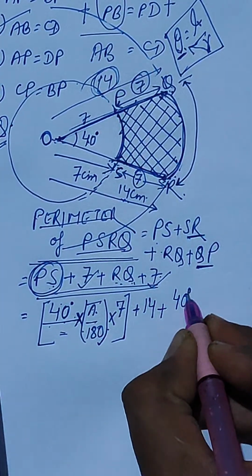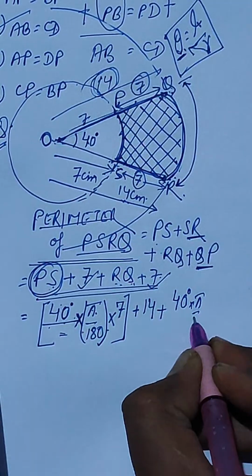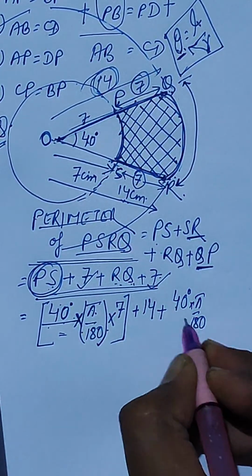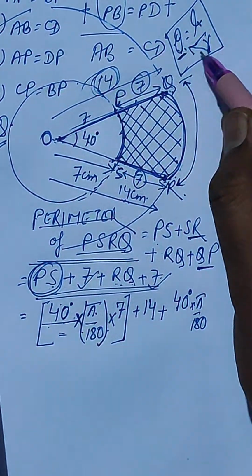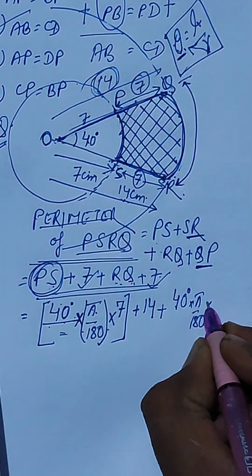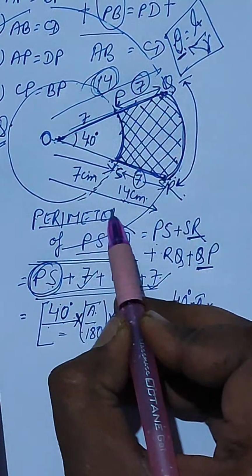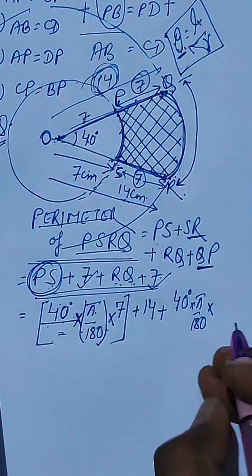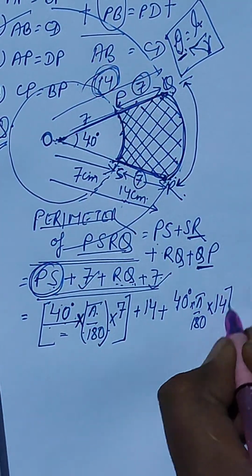So it will be 40 degrees into pi by 180, multiplied with R, and the radius for the bigger one is 14. So multiply it with 14.